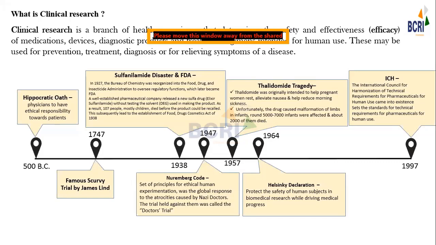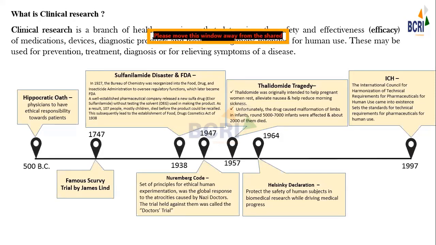What happened was there was a very well established, big pharmaceutical company, and they released a drug. It was a sulfur drug known as elixir sulfanilamide. That drug had a solvent inside it. Like we dissolve sugar in water, water is the solvent for that particular analyte.